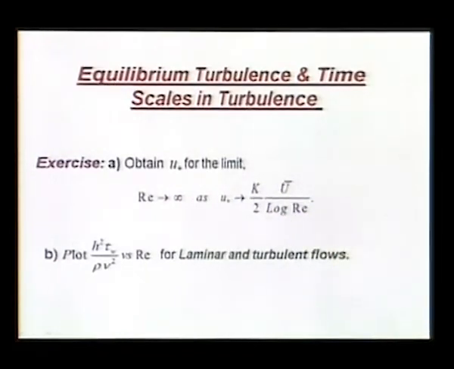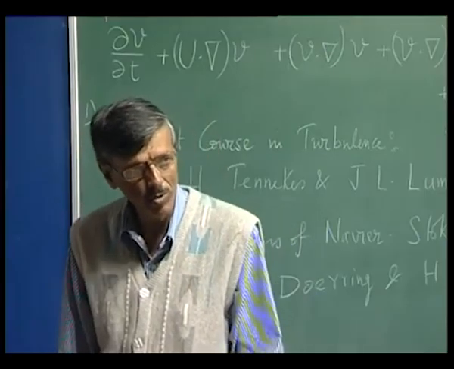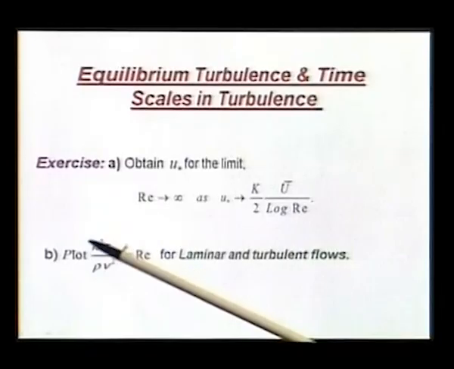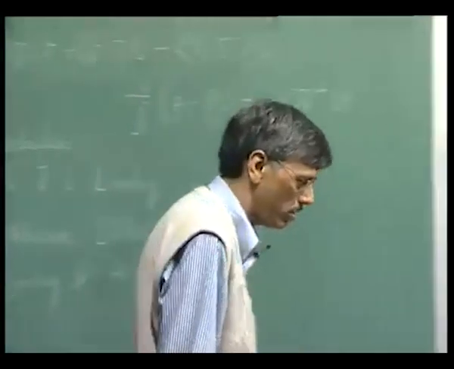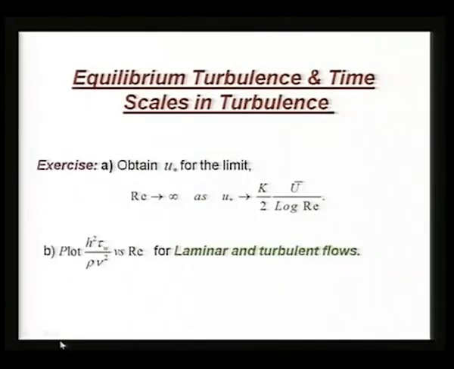What you could do is you have a laminar flow solution, you have also a turbulent flow solution. So, from those velocity profiles you can calculate tau w, and then you try to plot this quantity versus Re, and then you see what you are going to get. So, do take a look at this, and you will be able to see very clearly the distinction between laminar and turbulent flows.